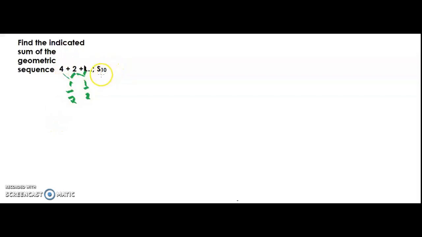So instead na i-generate natin yung 10 terms na yon para tapos i-add natin siya, ang gagamitin na lang natin is yung ating formula. Our formula is S sub n is equal to the first term multiplied to 1 minus the common ratio raised to n, over 1 minus the common ratio.